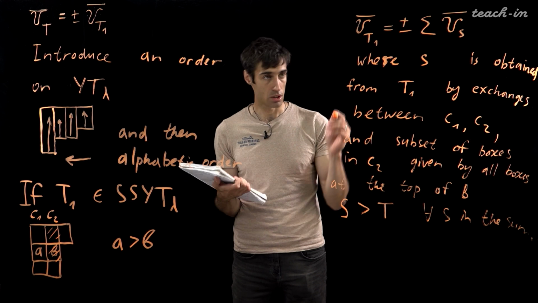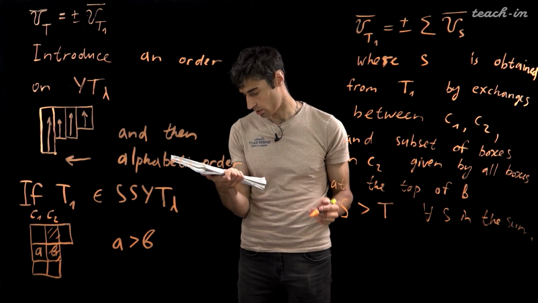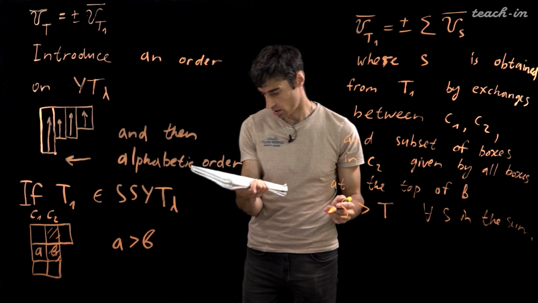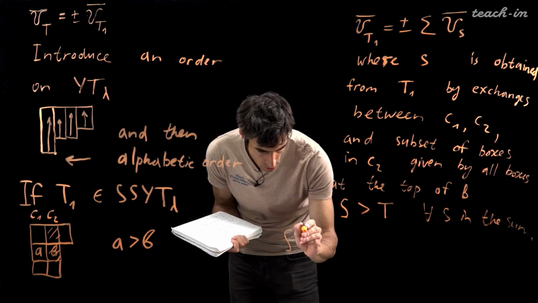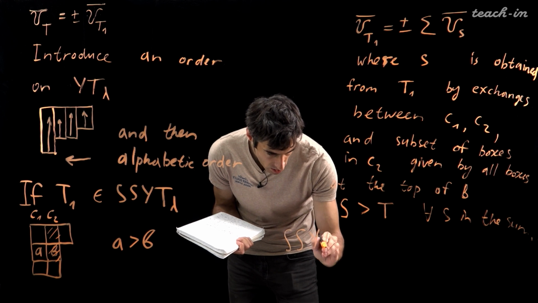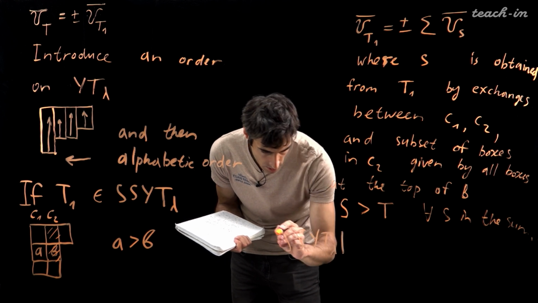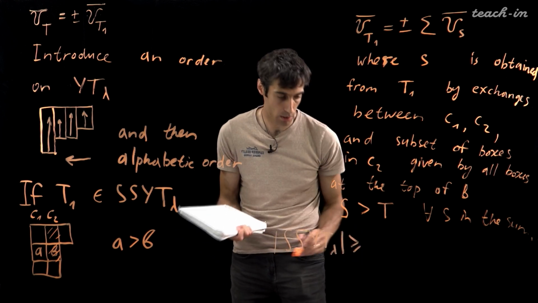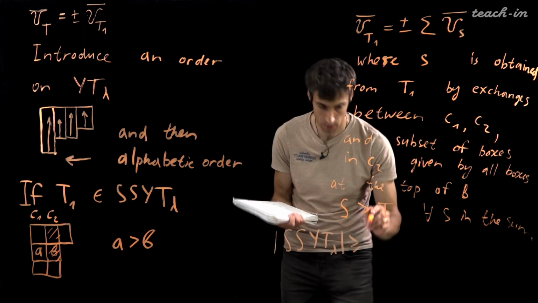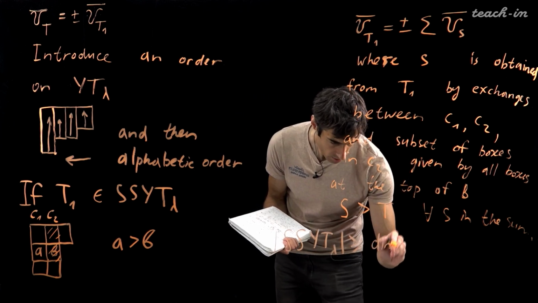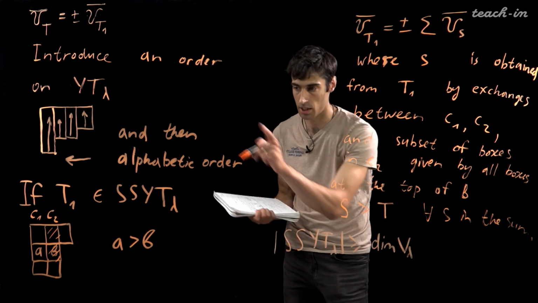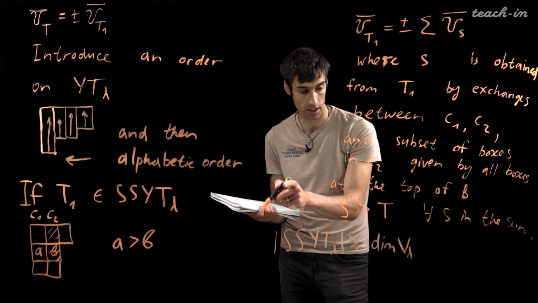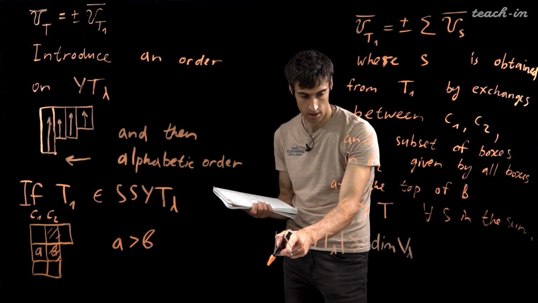So let us summarize what we have so far. The number of semi-standard Young tableaux of shape lambda is greater than or equal to the dimension of V lambda, right? This is because we have a spanning set of this size.